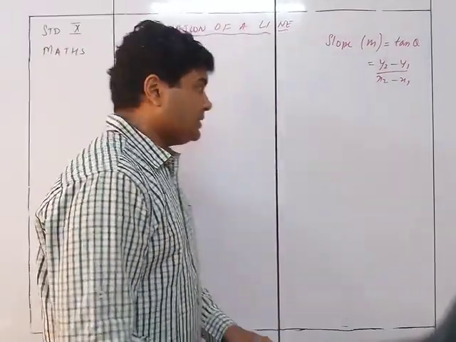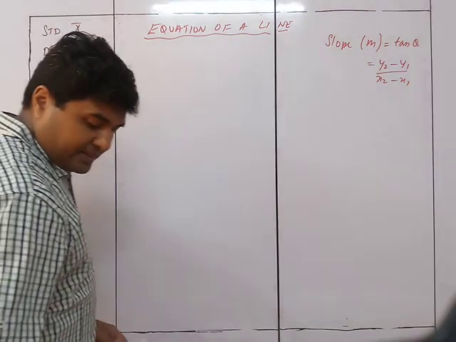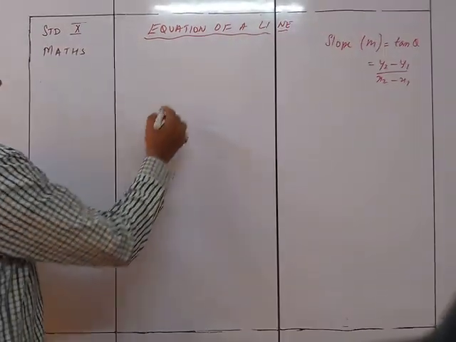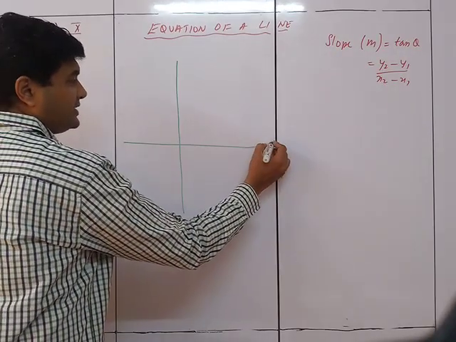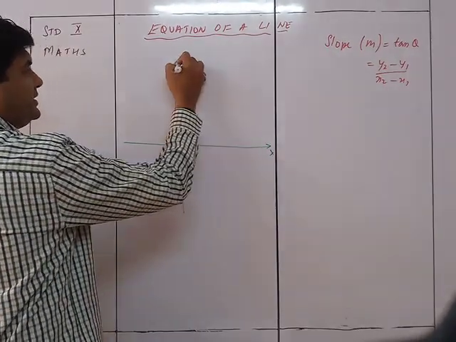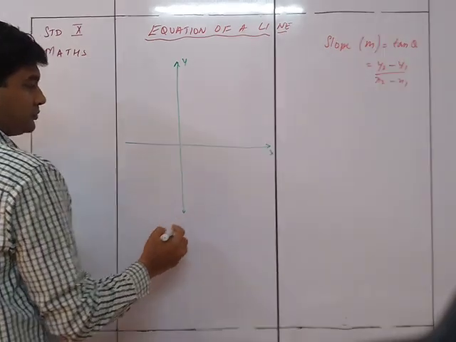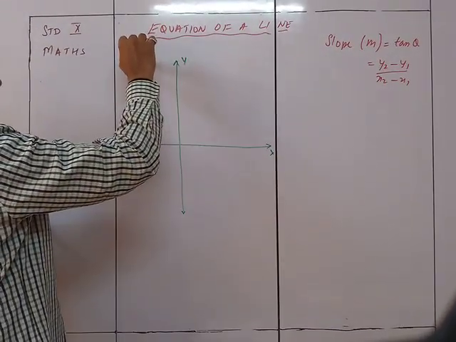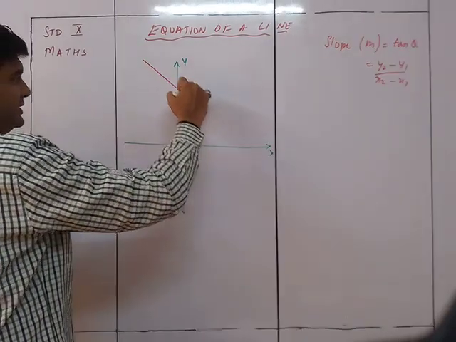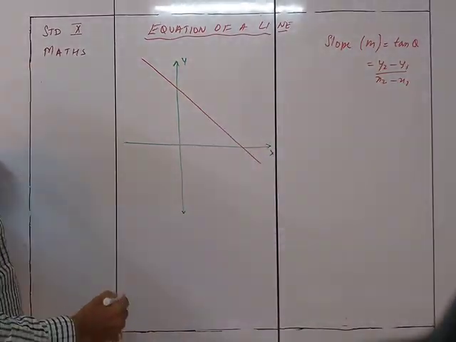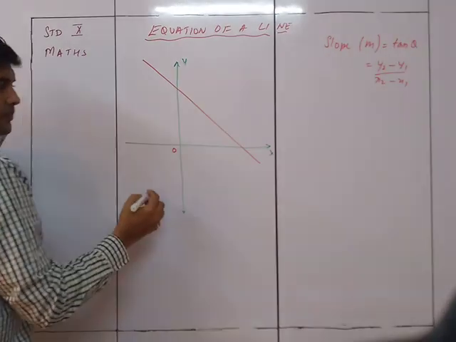Now we see another concept, and that is intercepts. Suppose this is my x-axis and this is the y-axis, and a line is cutting them like this. This is the origin.